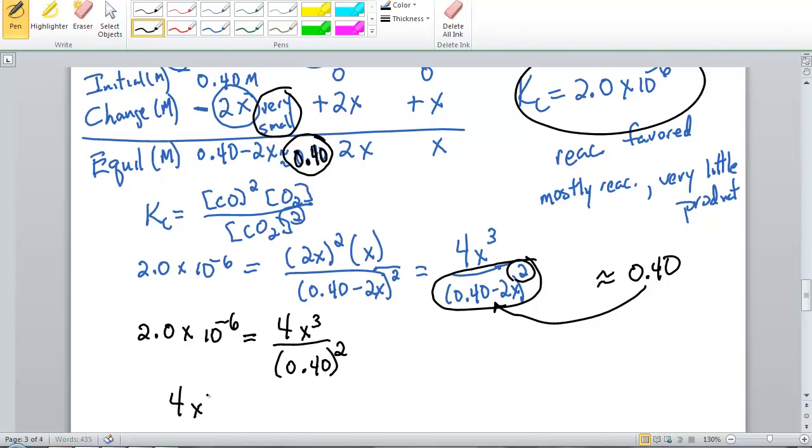I'm going to write it on the left-hand side now. But our K value times 0.4 squared, we had 3.2 times 10 to the negative 7th. Okay. Now divide by 4. Come over here. X cubed is equal to 8 times 10 to the negative 8.